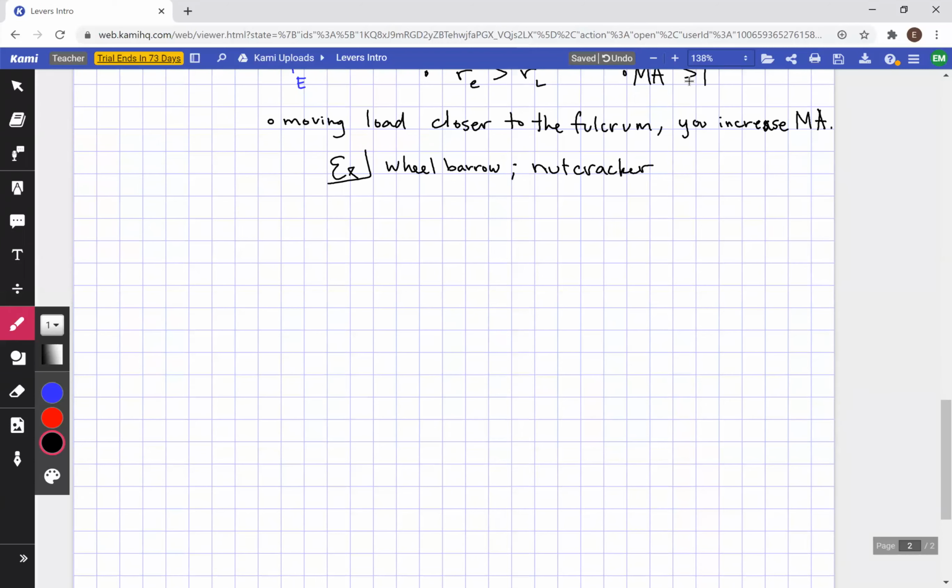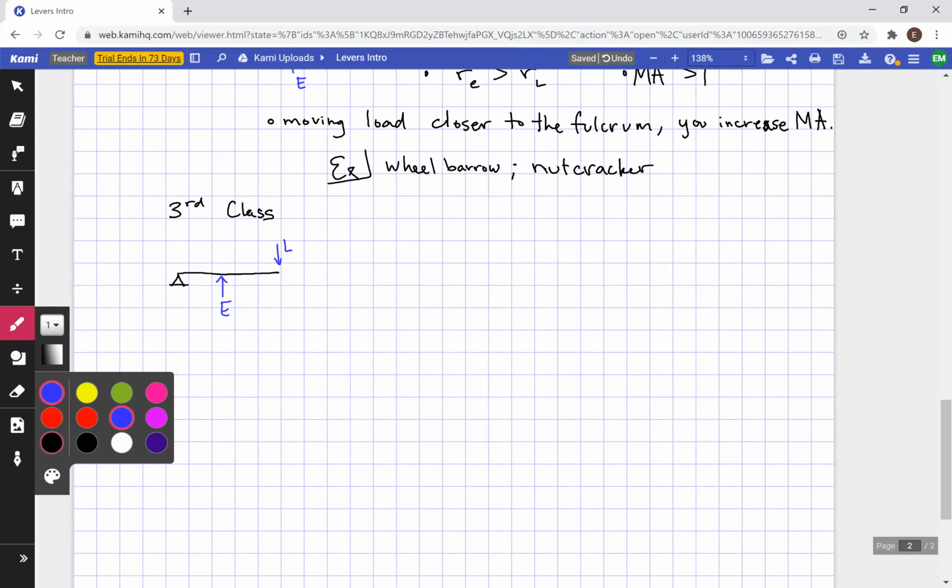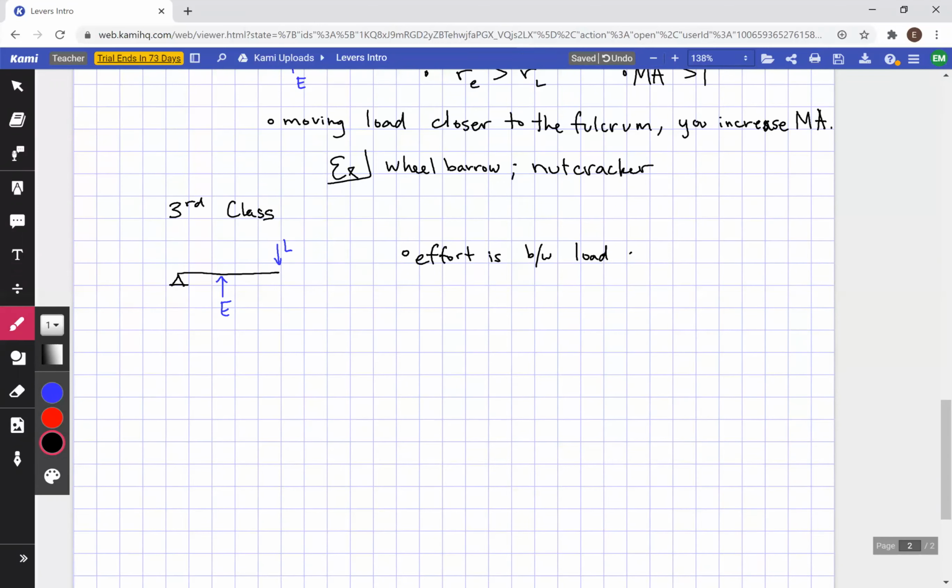And then lastly, we've got our third class lever. It's got the same basic setup as a second class lever, except this time the effort is in the middle and the load is at the end point. So we'll describe this by just saying the effort is between the load and the fulcrum.